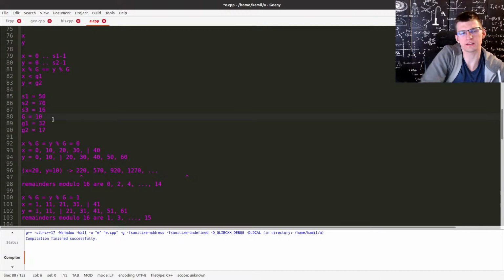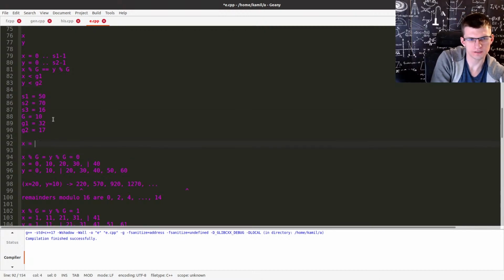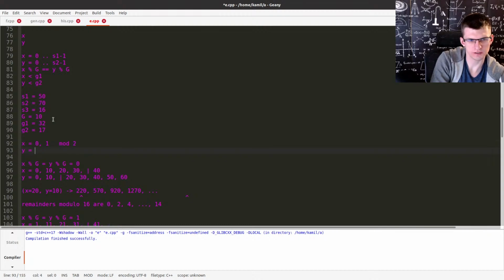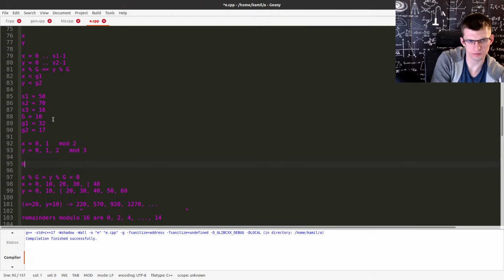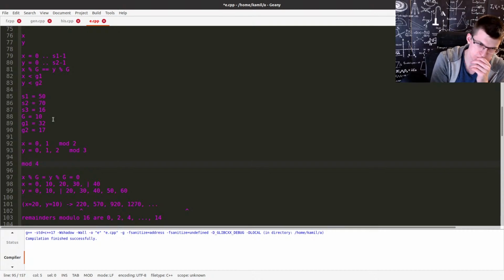So we do get something like x is 0 or 1 mod 2, then y is 0, 1, 2 mod 3. Then we are looking at values mod 4. And I ignore any kind of common divisibility of 4 and 2.